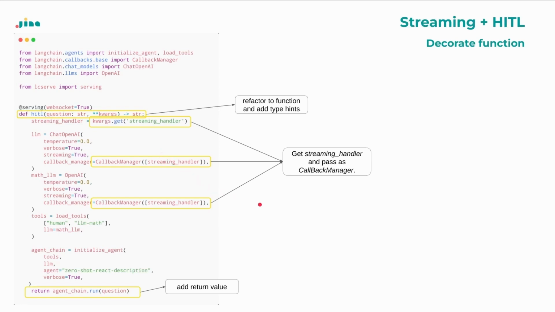Via this, we also enable human in the loop. So whenever there is an input required, lc-serve will intercept it and send a response to the user and wait for the user's input to come back so that it can proceed with the next steps. Finally, we import and add the serving decorator. Remember to pass websocket is true in this case.